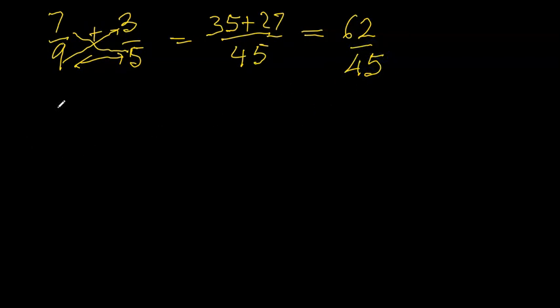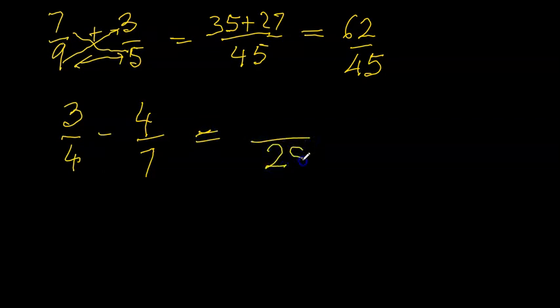Okay, let's do something on subtraction. We have 3/4. We're subtracting 4/7. Right? Same thing we see here. So the three-step approach, cross strategy. Denominator is going to be 28. Multiply 4 by 7.